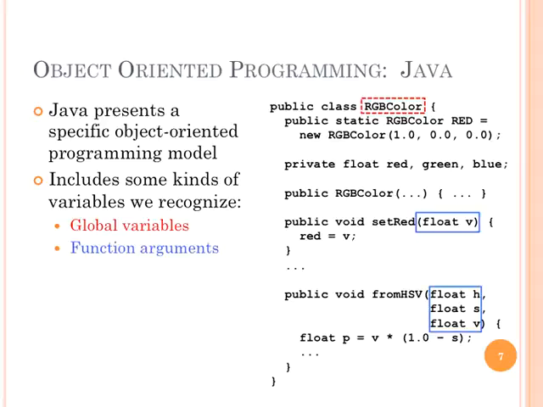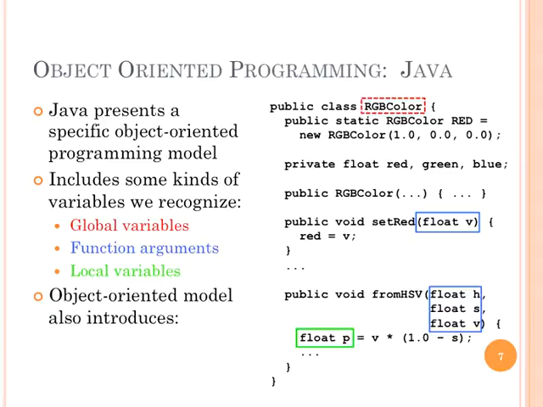We have function arguments, which we understand pretty well, and local variables we also understand. We know how to do these things so far. We already saw an example. We know how to translate this into IA32 if we decided to do that. The object-oriented model, at least Java's object model, introduces two new things.